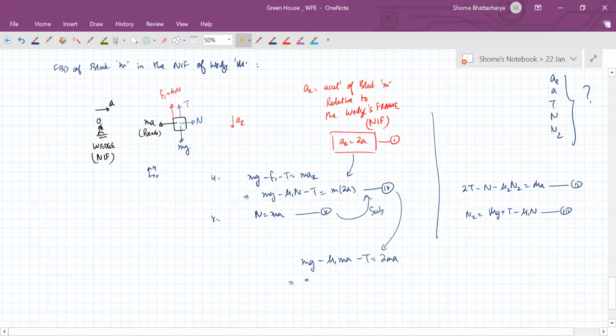So we get mg minus T is equal to (2 plus mu1) mA. And then substitute N2 over here.